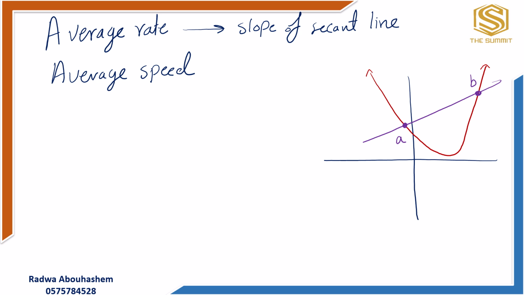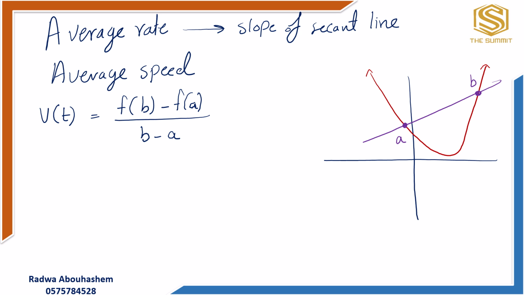I am going to draw a line passing through the curve at 2 points. If I get the slope, this is the average speed. So what is the slope? It would be f(b) minus f(a) over b minus a.